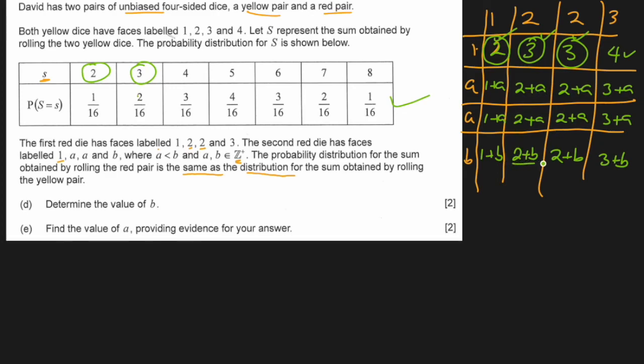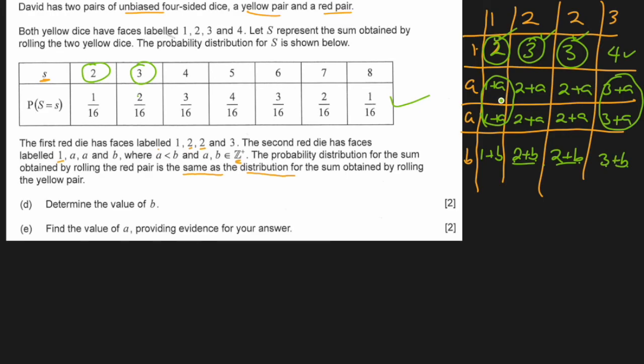They are 2 plus B here, 1 plus A is also 2 here, and 3 plus A is also 2 here. But since they said A is less than B, B is a big number. It can't be 2, because 2 plus 2 is 4, but 2 is separate; and if this is 2 here, 3 plus 2 will be 5.